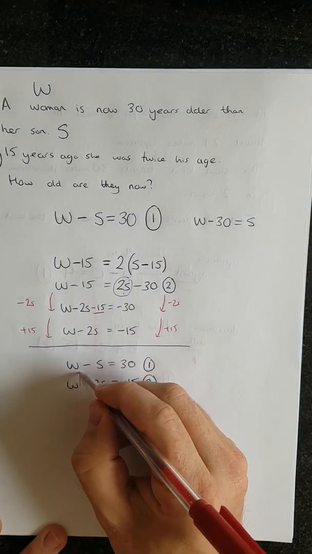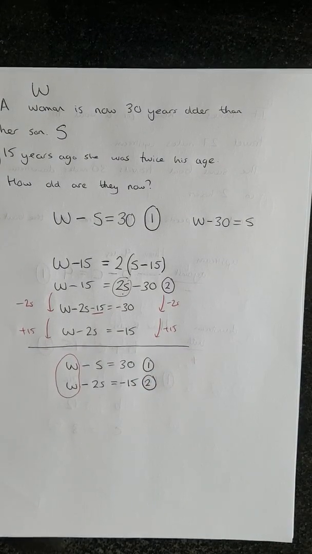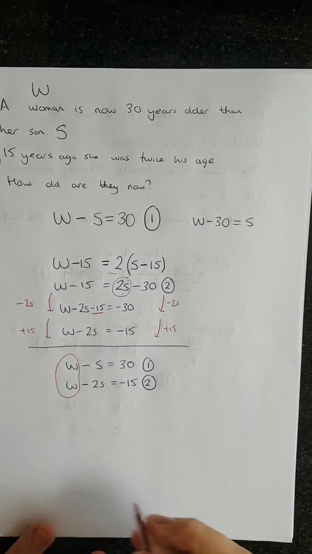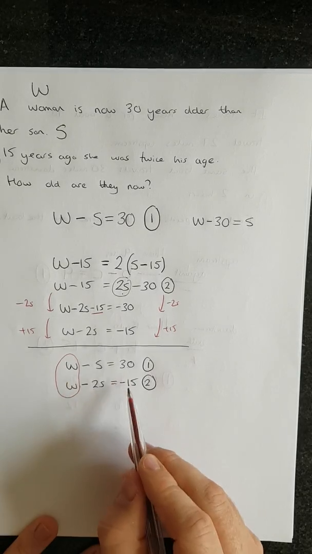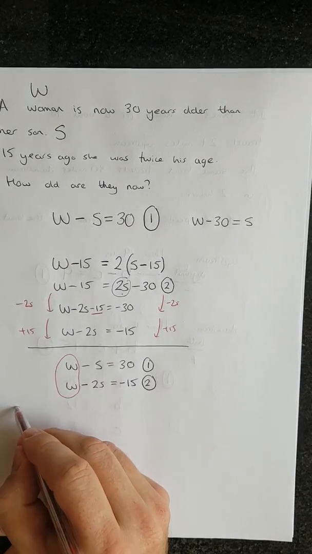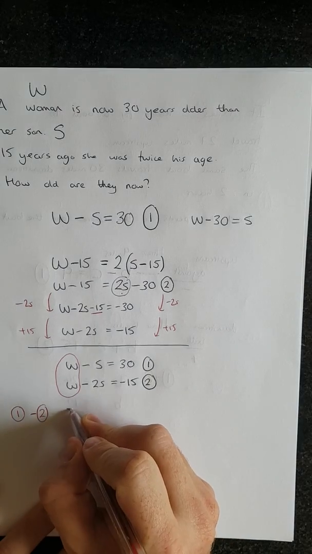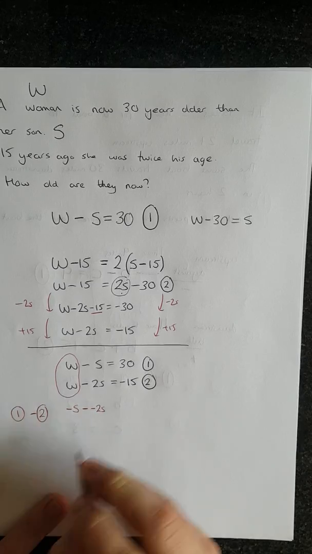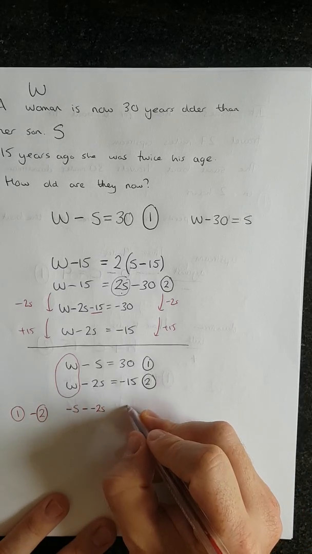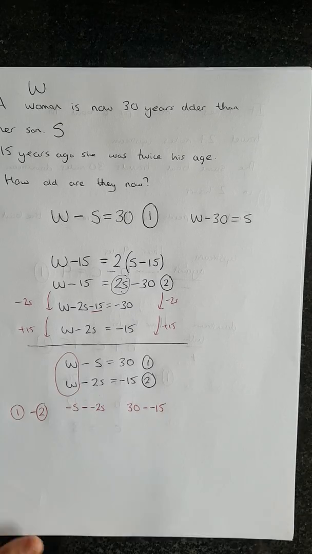Now, these already match. So I'm going to do a subtraction straight away. But I've got to be careful because there's negatives all over the place. This one has more than this one. You can see the positive. So it's 1 take away 2. So it's minus S subtract minus 2S. Then it's 30 subtract minus 15.